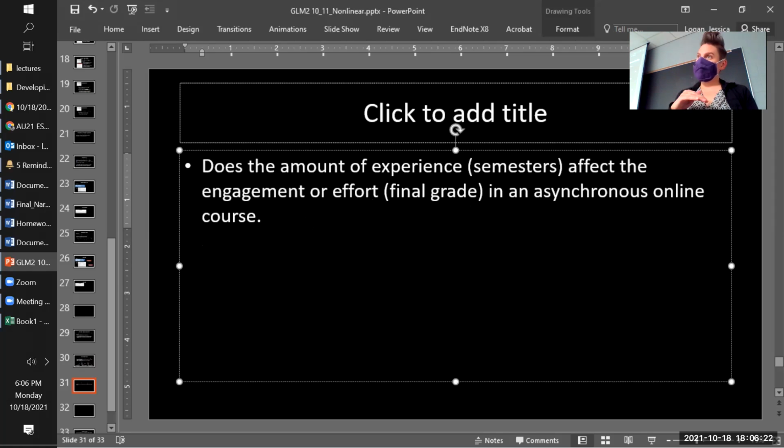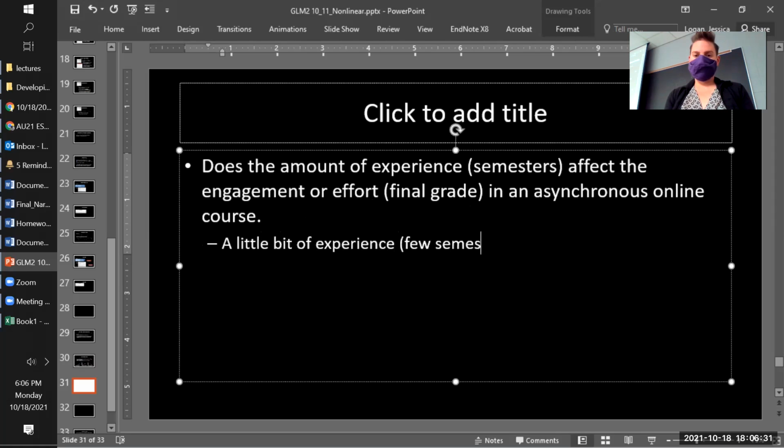So with a little bit of experience, low semesters, we expect perhaps a lower final grade. But with a lot of experience, which is a lot of semesters, also perhaps a lower final grade.